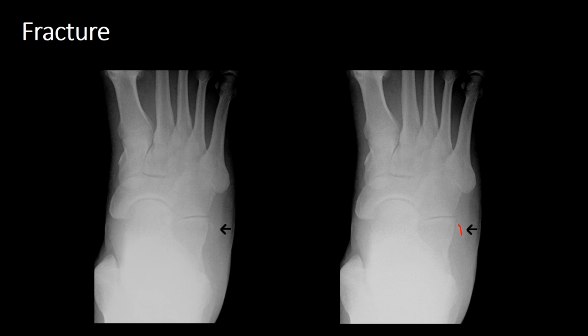Whereas here, although we can't actually see the adjacent site where this piece of bone is pulled off from, we can see quite clearly that this is just a sliver of osseous bone. It's irregular in appearance, and also look at this gross soft tissue swelling here that helps to guide you into understanding that this is actually a fracture and not something to be confused with, such as an accessory ossicle.